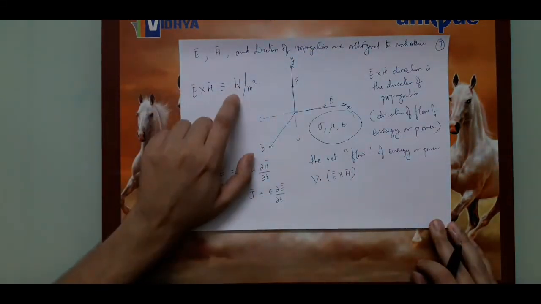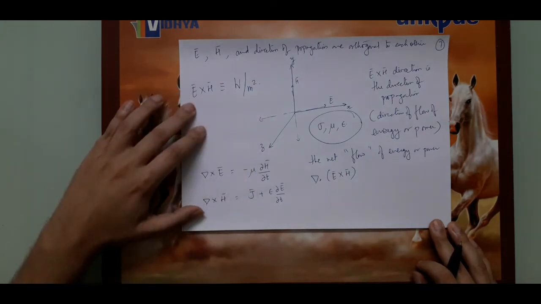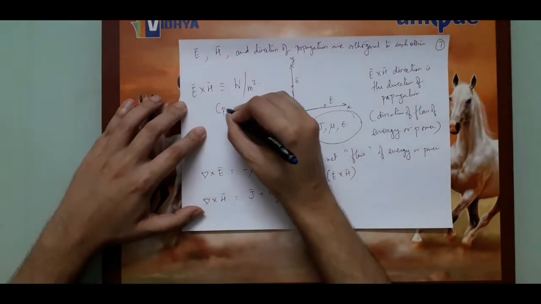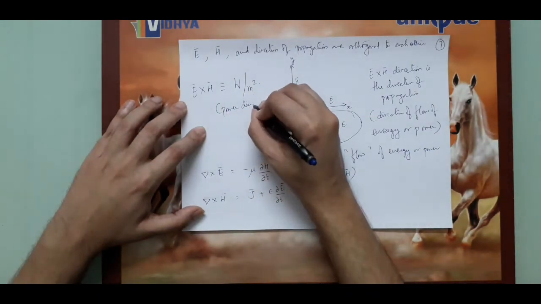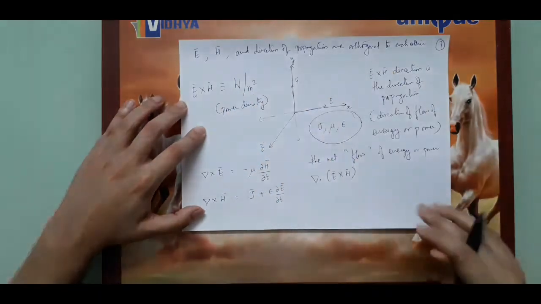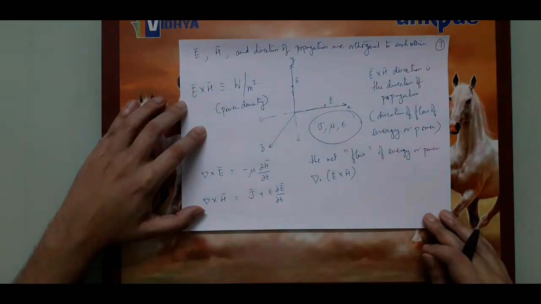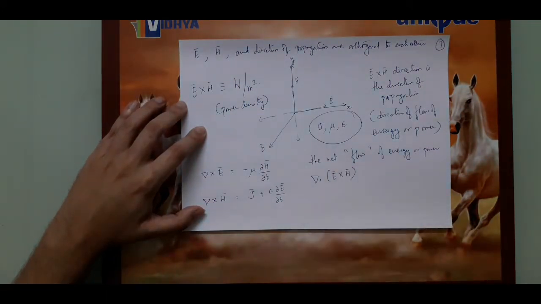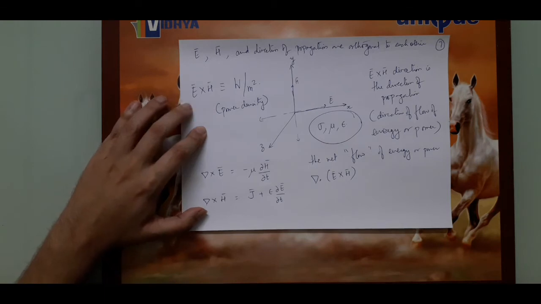So in some sense it is telling me the power per unit area. So this is also called as power density. So now let us use the laws of vector calculus.